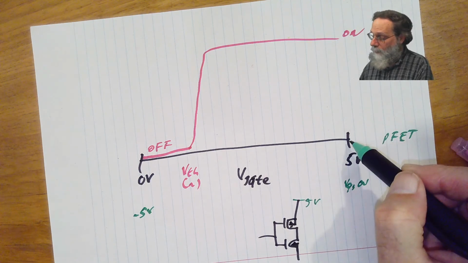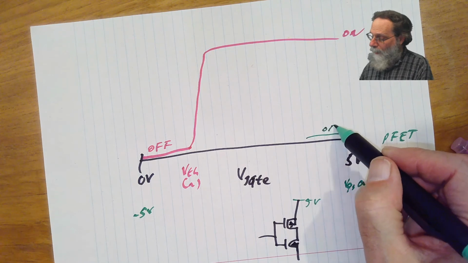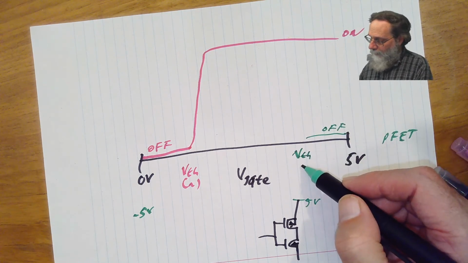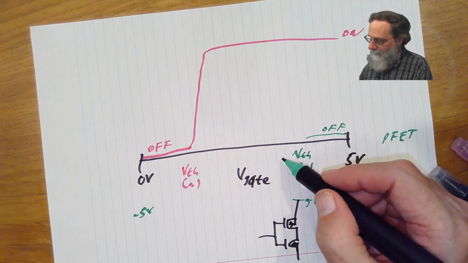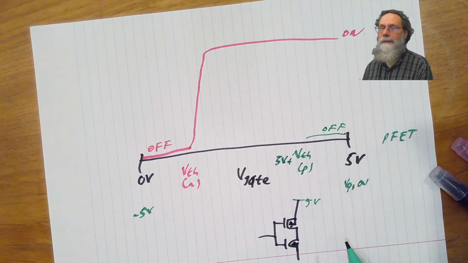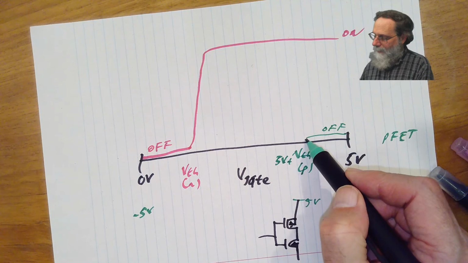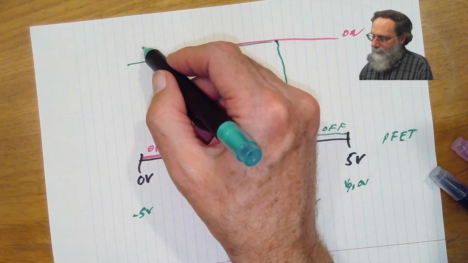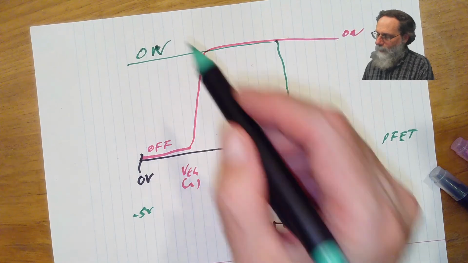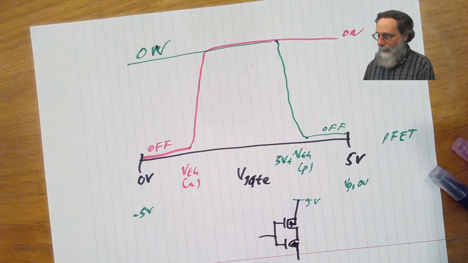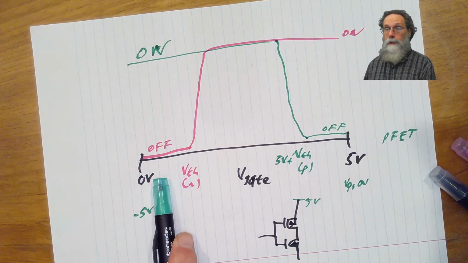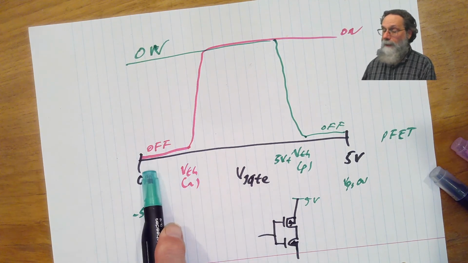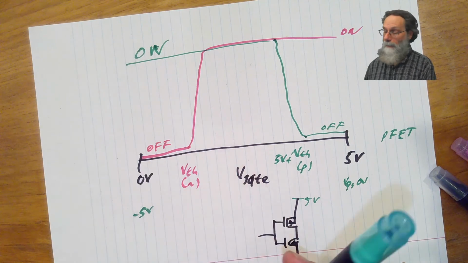All right, so this is going to be off until we get down to V threshold for the P, or 5 volts plus that. And then it's going to turn on, and at lower voltages, the PFET will be on. So at very low voltages, down near 0 volts, we're going to have the MOSFET off and the PFET on, and that's high output.